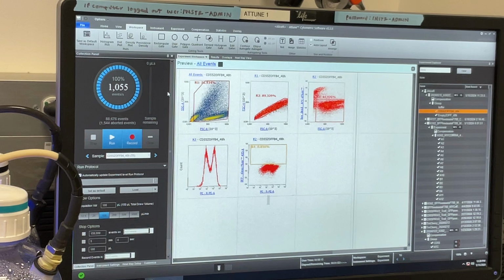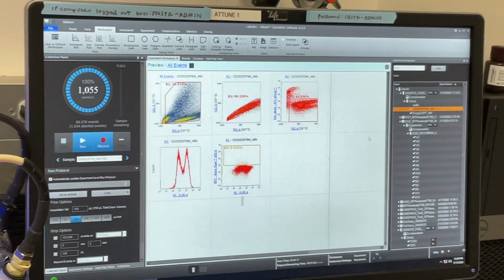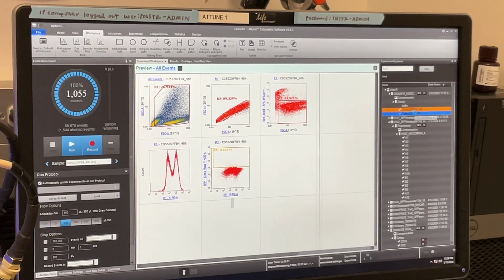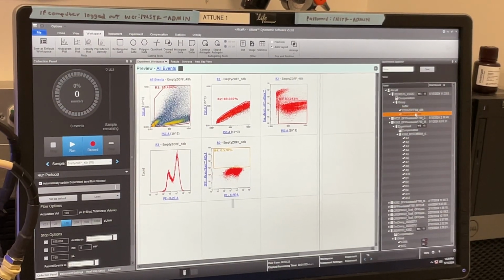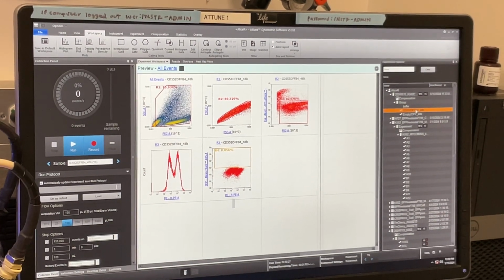Okay, so let's then compare. You can see there is a diminished positive second peak.